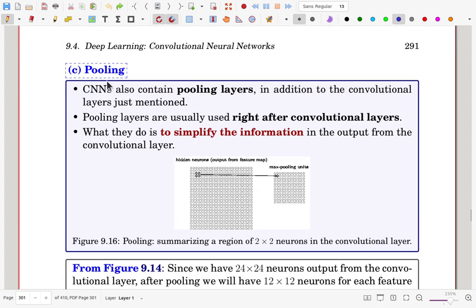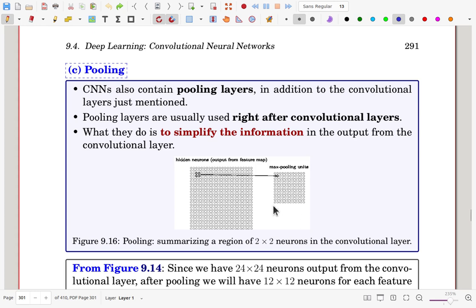Okay, now the final idea is pooling. CNNs also contain pooling layers. This is simply shrinking the information. For example, that's the output of the convolutional layer, so it has 24 by 24 neurons. Now we try to simplify the information by taking 2 by 2 and making it 1. Here again, 2 by 2 becomes 1.